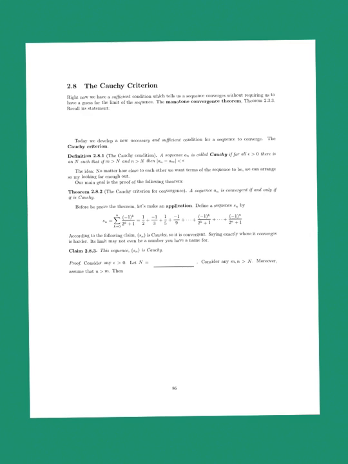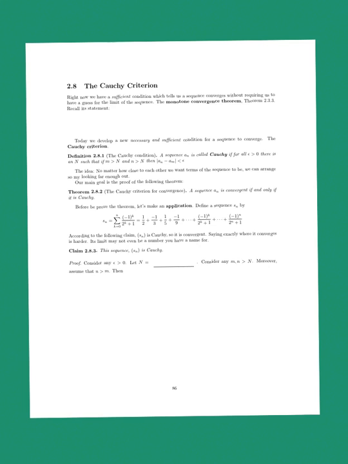So let's go ahead and remember the closest thing we have to the Cauchy criterion right now. Right now we have one sufficient condition that tells us that certain sequences converge without having to know what the limit of the sequence is beforehand.